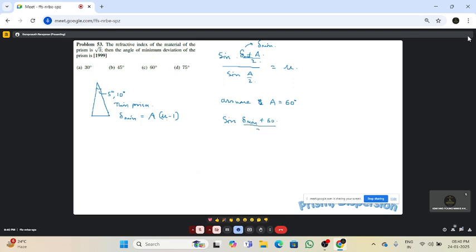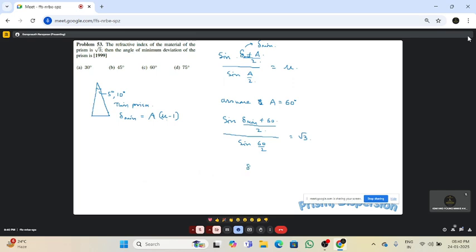Any quick answers? Sin 60 by 2, sin 30 is 1 by 2, so I'll get root 3 by 2. Root 3 by 2, this entire thing will be 60 degrees.